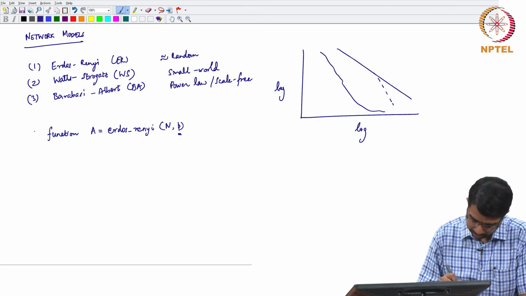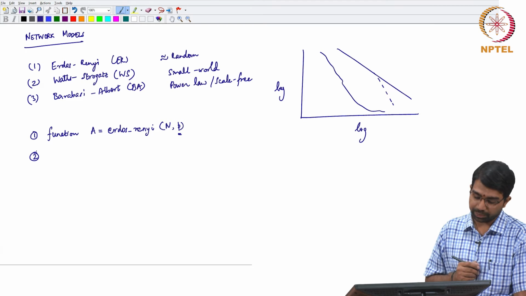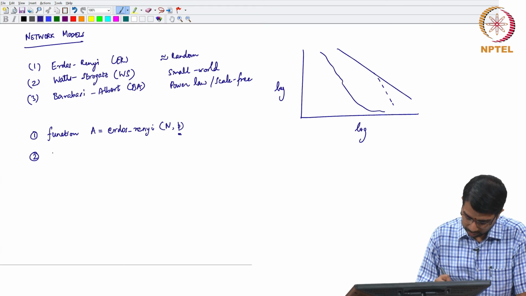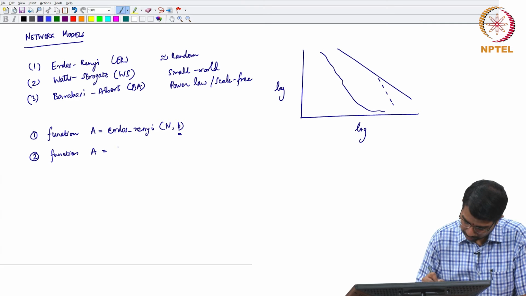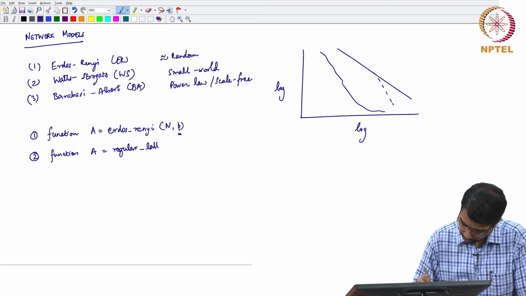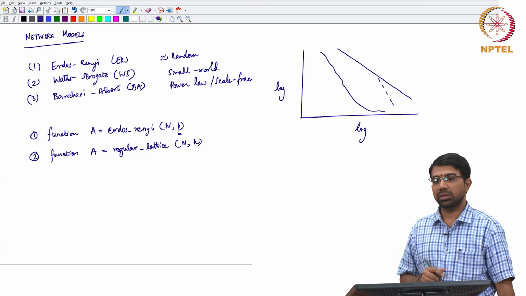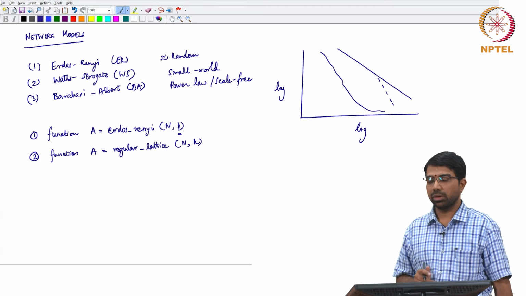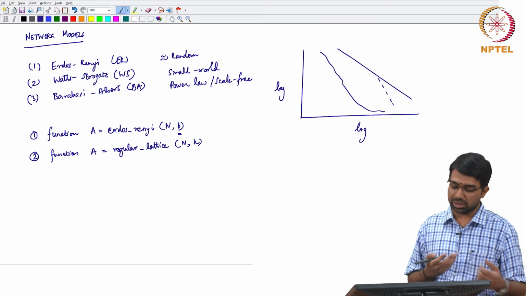So, now this is for the first case. In the second case, you start with a regular lattice n comma k. You now have to assemble this adjacency matrix. How do you assemble this adjacency matrix?